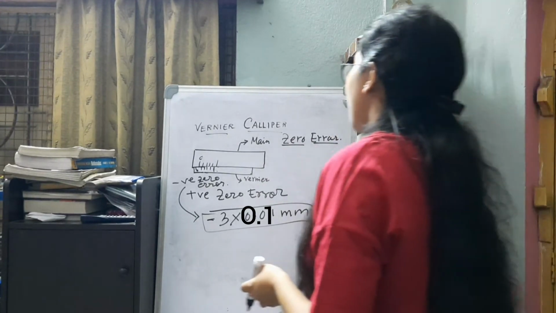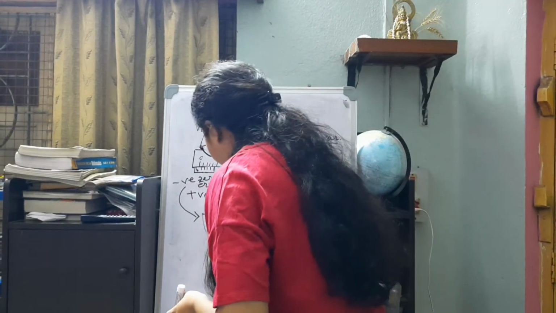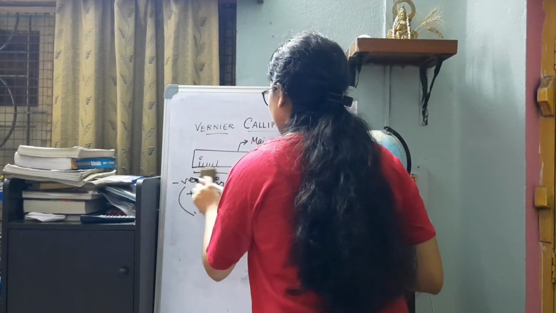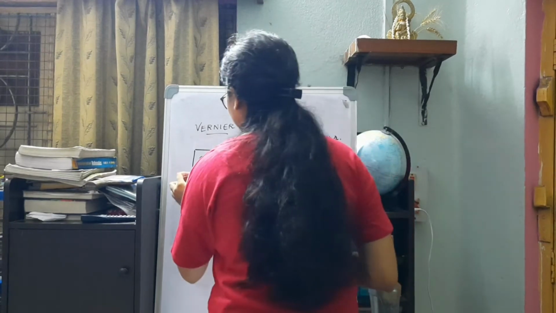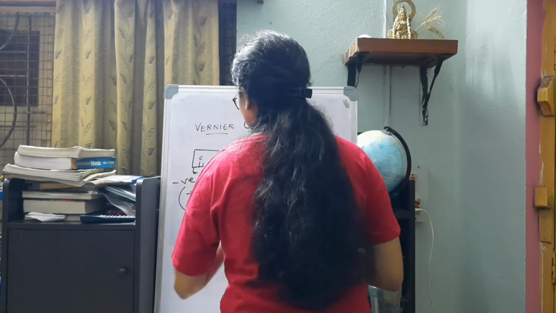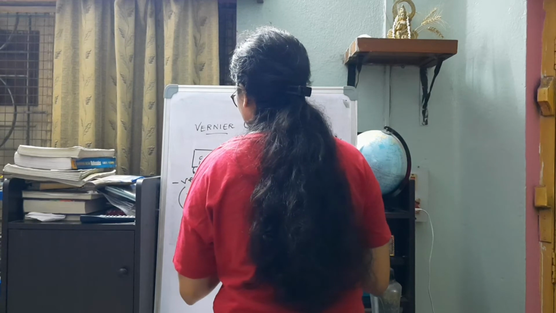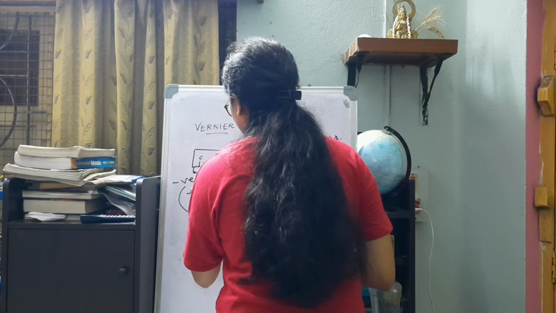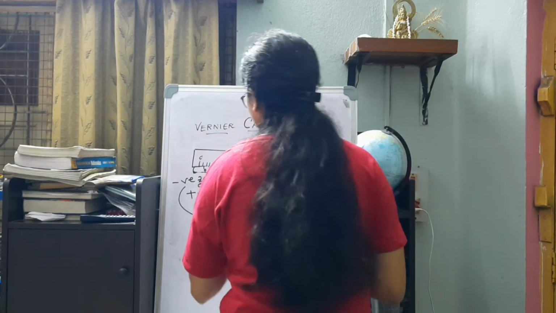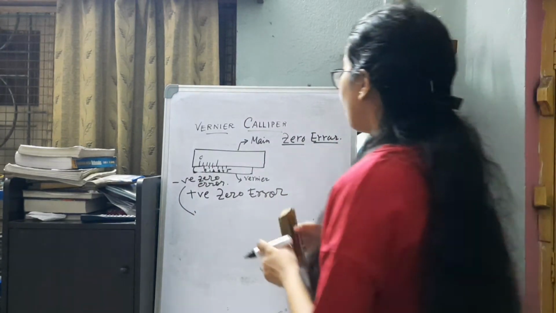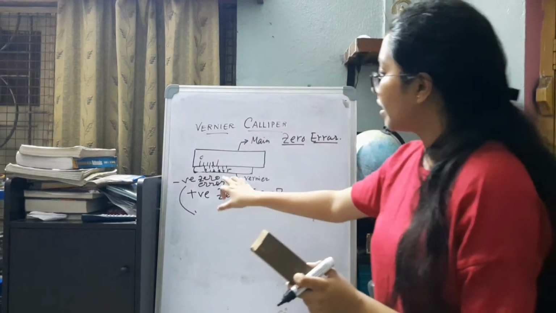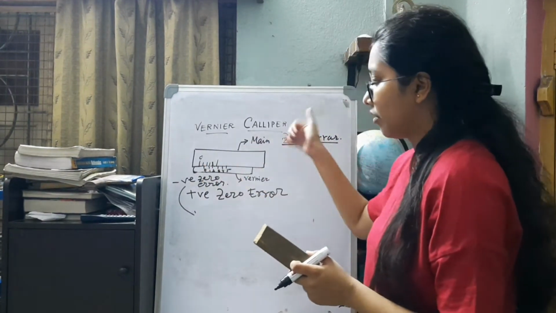Now, if we are asked to calculate the value of the positive zero error, and the diagram is shown to us, positive zero error means it has to be ahead of the other one. So now we observe more prominently that the second vernier division is already ahead, so it is positive zero error, okay.